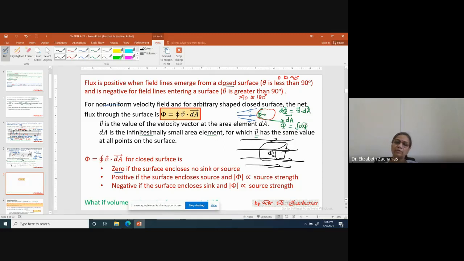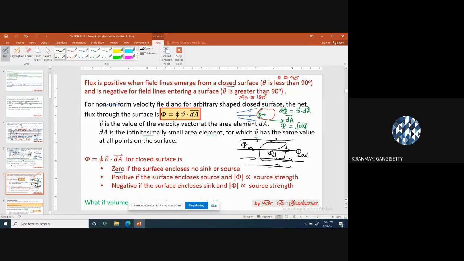Then the volume of water entering per second, that is the inward flux. And if you measure at the same time the outward flux, the volume of water per second flowing out, which will be greater? Will they be the same? No, ma'am. Why will they not be the same?